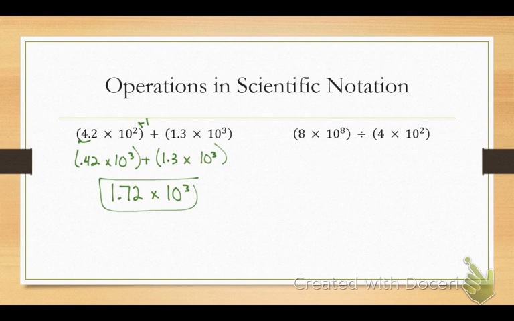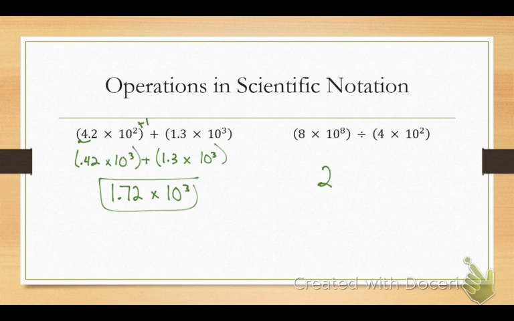On this one, what operation do I have here? Division. Okay, so does anybody in this row have the answer? Micah: 2 times 10 to the 6th power. How did he get a 2? Divide your numbers, 8 divided by 4.